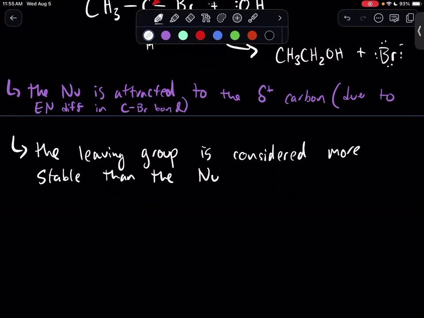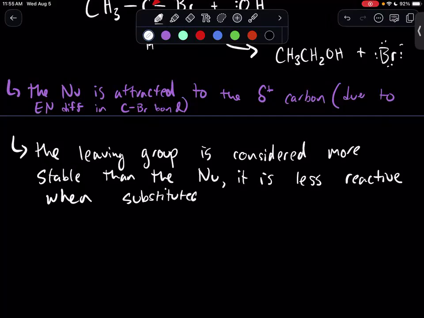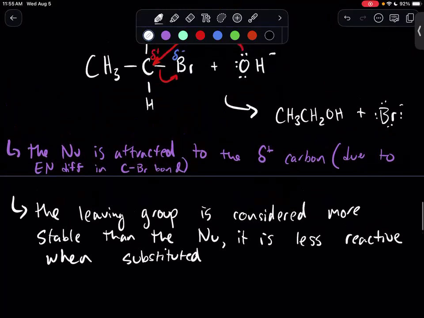We know this because it is less reactive when it's substituted. This is very similar to reactivity scales or reactivity rankings in metals. When you see that one reacts and the other doesn't, you can see that the one that reacts is more reactive and the one that doesn't is less reactive. So in this case, because the bromine is displaced by the hydroxide, the hydroxide is more reactive.